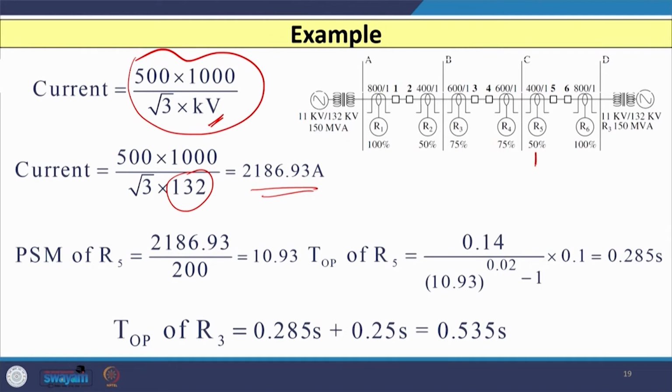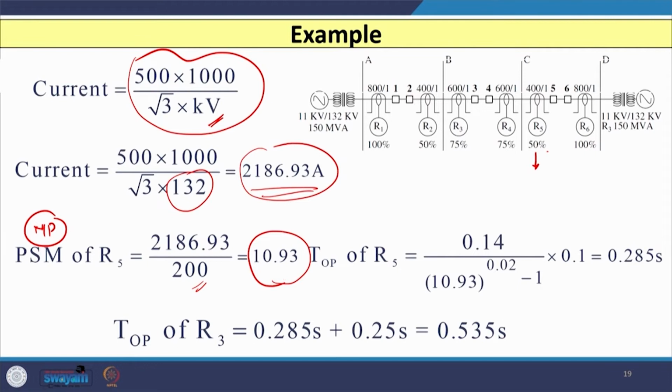For relay R5 we can calculate the plug setting multiplier, or multiple of pickup current, that is equal to this current divided by the plug setting of relay R5, which is given as 50%. So, 50% of 400 ampere, that is 200 ampere. So, you will have the value 10.93.